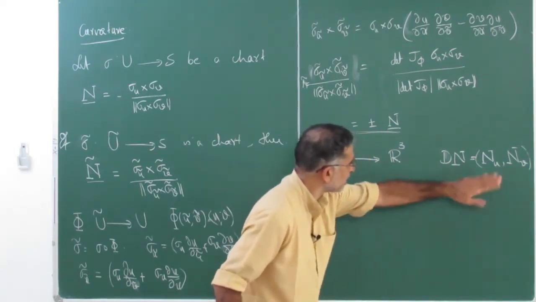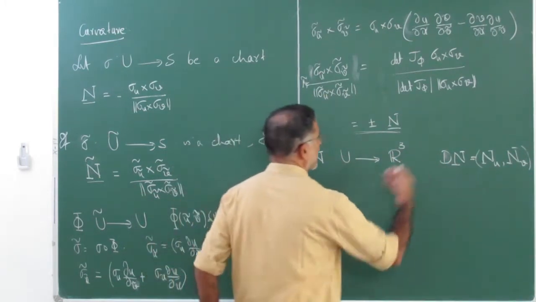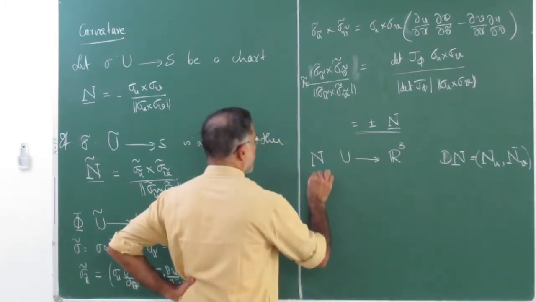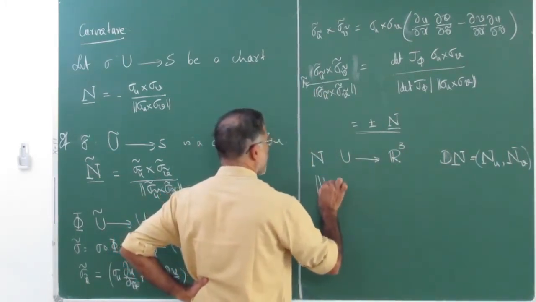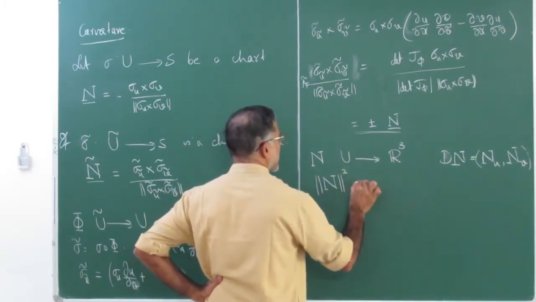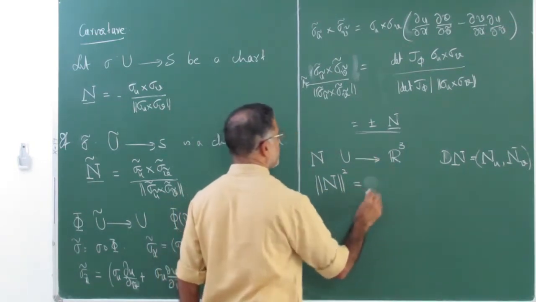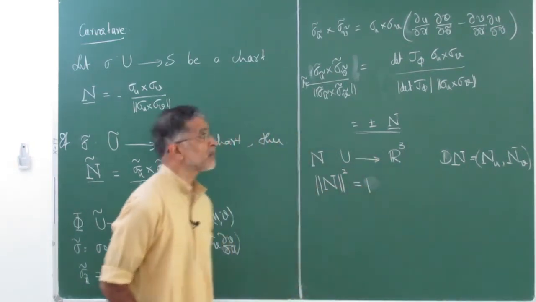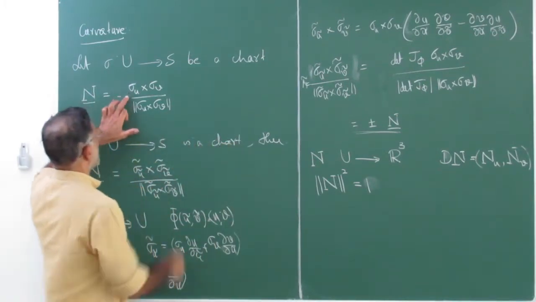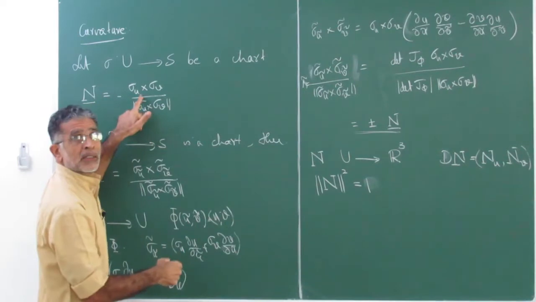So the idea is how to get this nu, how they look. That's the first thing I want to know. Look at this. First thing that you know is that your normal vector has the property that its norm is 1. By definition, the norm of this is going to be 1. You can see that. Plus or minus is irrelevant.